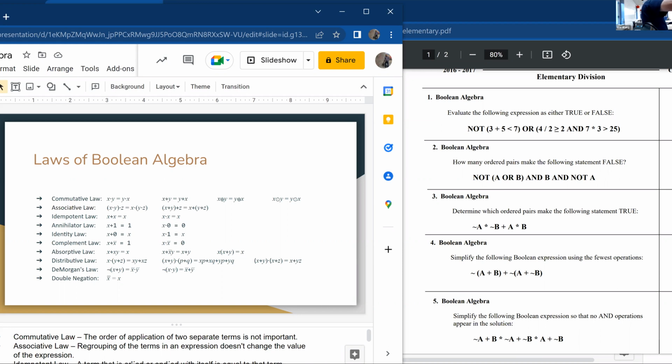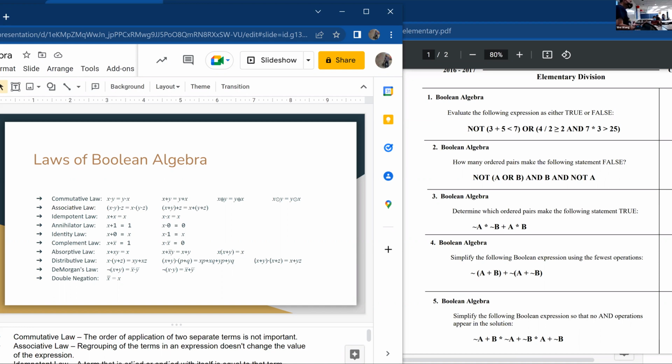You break up this A or B, it becomes not A and not B, and not B and not A. And then basically you have a not B here and the B here. So B and not B is false, and so this whole thing is false.